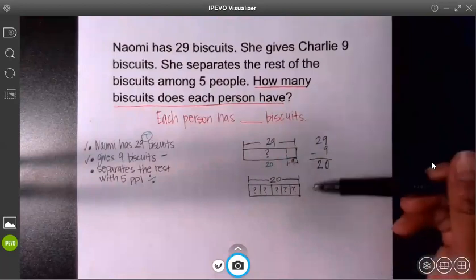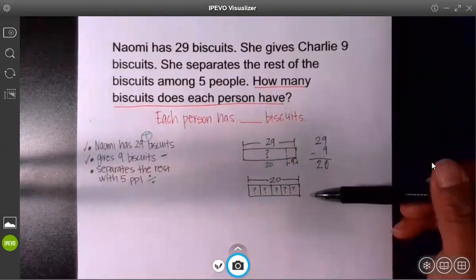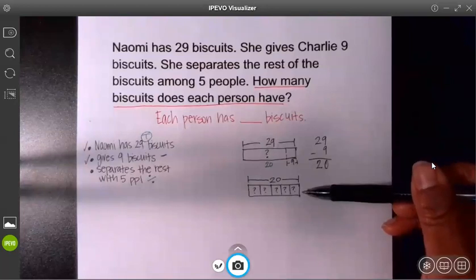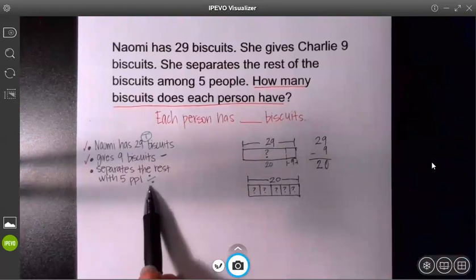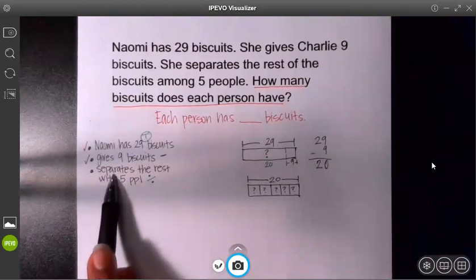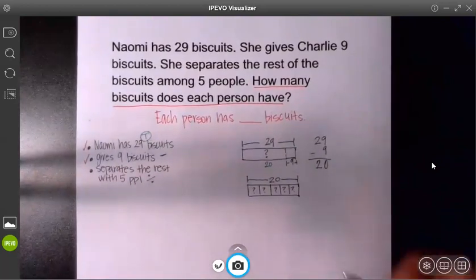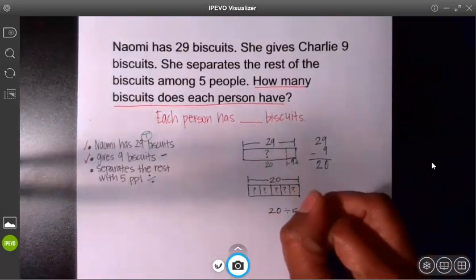So when you have a bar model or a strip diagram that has a total and the number of units or the number of groups, that's going to also signify that you have to divide, which we already know because we wrote down our division symbol over here in our list because it goes with the word separates. So we will have to do 20 divided by 5.